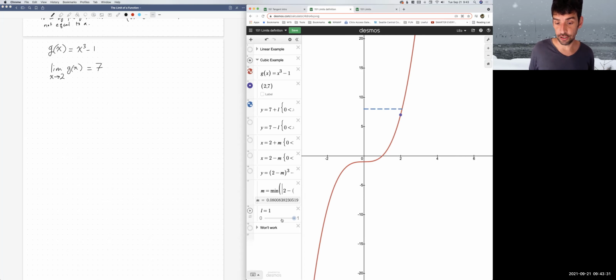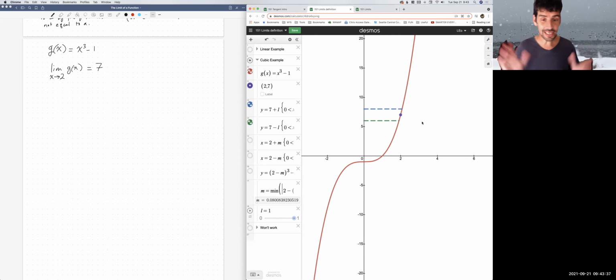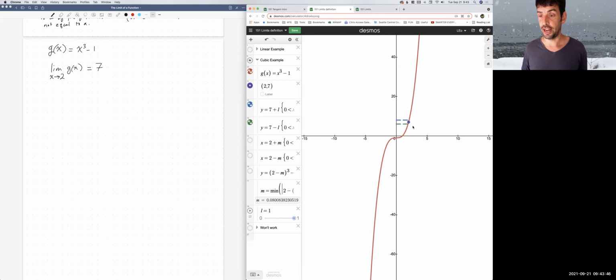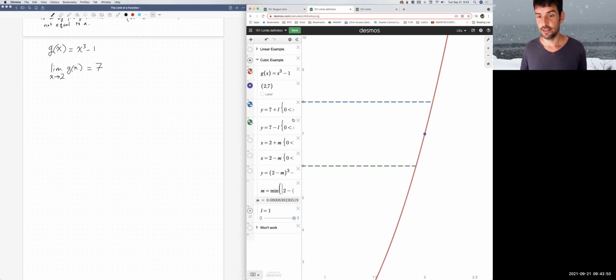So here's our little challenging idea again. Somebody says to me, okay, I'm not sure if I believe you. Can you make sure that the values of the function g are less than 1 unit away from 7? So here we're looking between 8 and 6, right? You can see on the scale at the side.